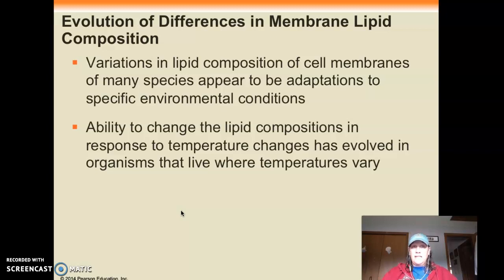So this change in membrane composition is an evolutionary thing, like survival of the fittest. The ones that adapted their lipid composition in their cell membranes survived better. They had more offspring, and eventually the other composition didn't make it. And I'm not just talking about human cells, you guys. I'm talking about all organisms.